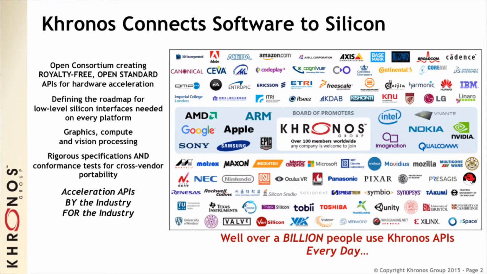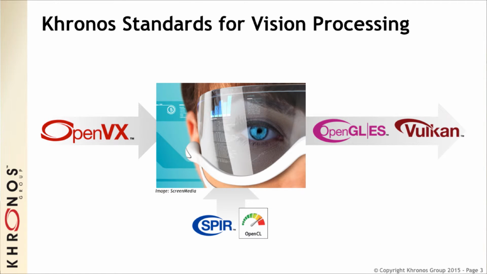Those are kind of the three hot areas. And we define low-level APIs. It really is the driver-level interface into the acceleration for that type of functionality. So they're used across a number of different platforms. They're shipping in the embedded, mobile, and desktop markets. So a lot of people's devices do use these APIs.